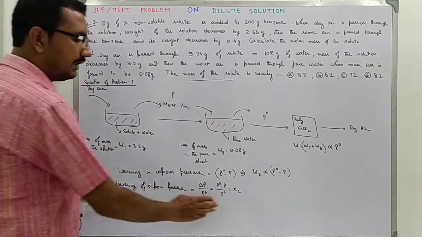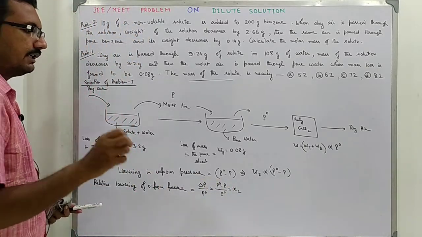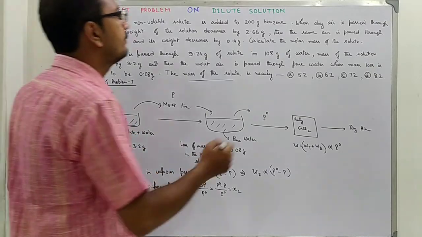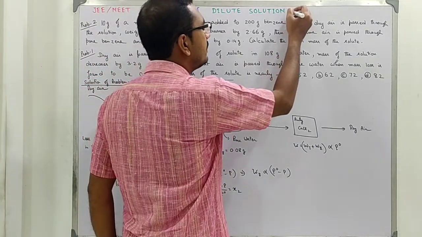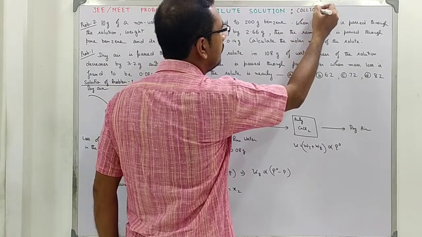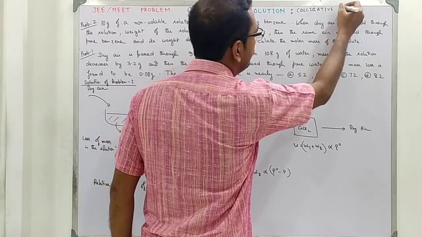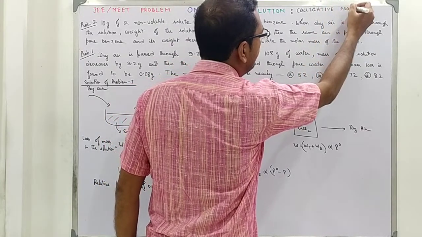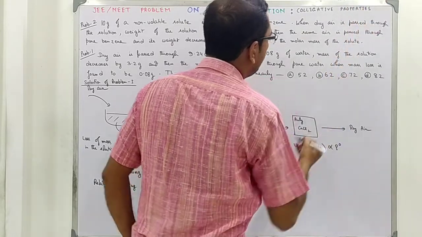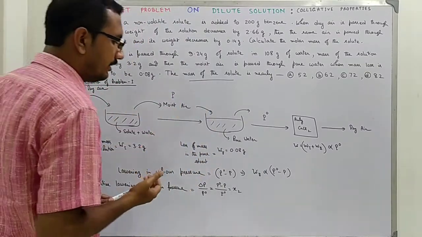So this is a colligative property, and this property depends on the number of solute particles and not on the nature of the solute particles. So this dilute solution we are studying also bears the name colligative properties. So this is a numerical problem corresponding to one of the colligative properties, which is relative lowering of vapor pressure.